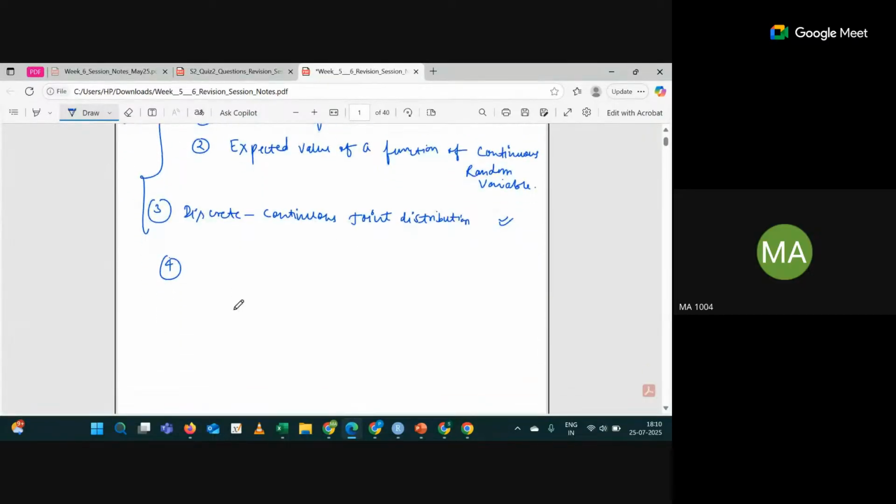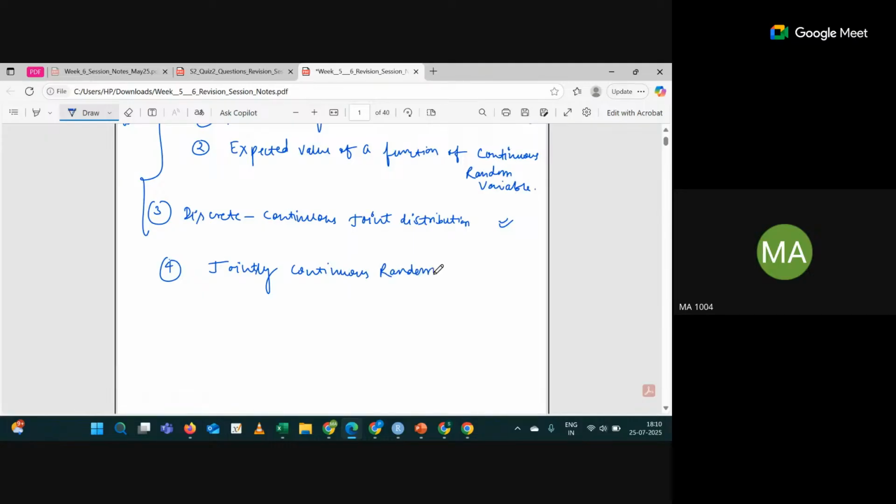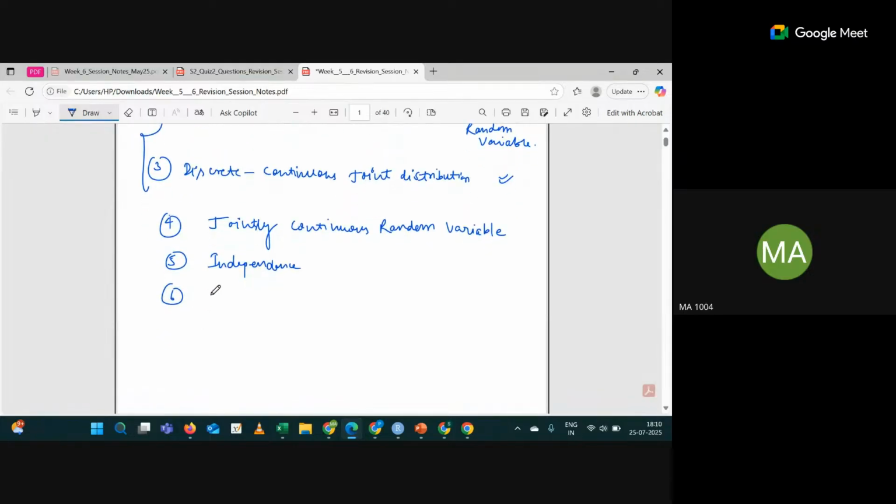Then for week 6, the fourth topic will be jointly continuous random variables. Then we will move on to the independence part. You have seen all these things in the case of discrete random variables, right? I mean, joint PMF and all, yes or no?